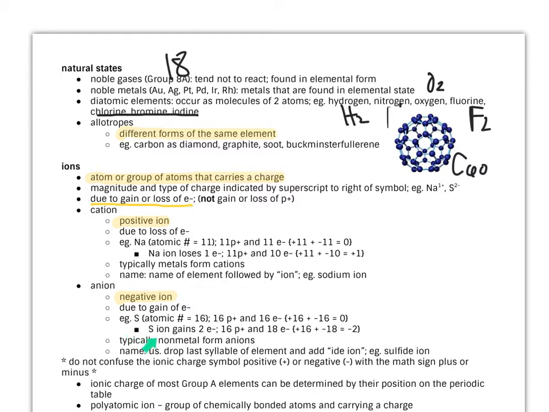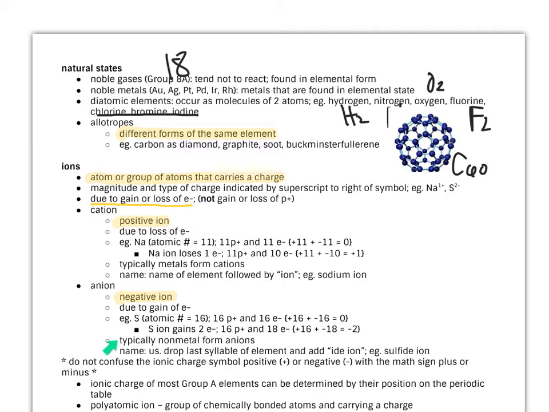But a sulfur ion gains 2 electrons. So you have 16 protons still and 18 electrons. So you have positive 16 protons plus negative 18 equals a negative 2. So that's where we get the 2 negative up here on sulfur.